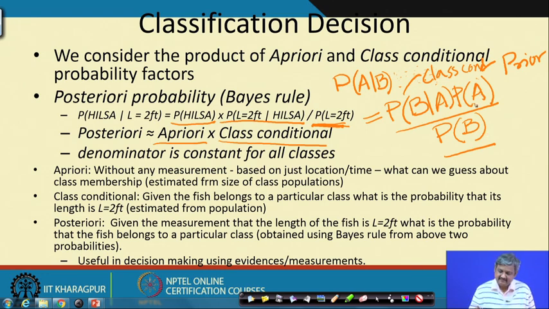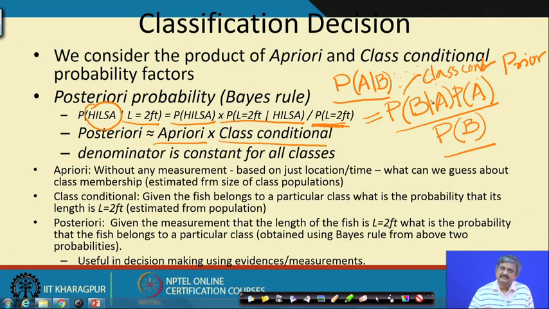Bayes rule tells me that this quantity equals probability of A given B, meaning the probability of a fish being Hilsa given that its length is 2 feet. So, if I measure a fish to be 2 feet long, what is the probability it belongs to class Hilsa? How do I get that?